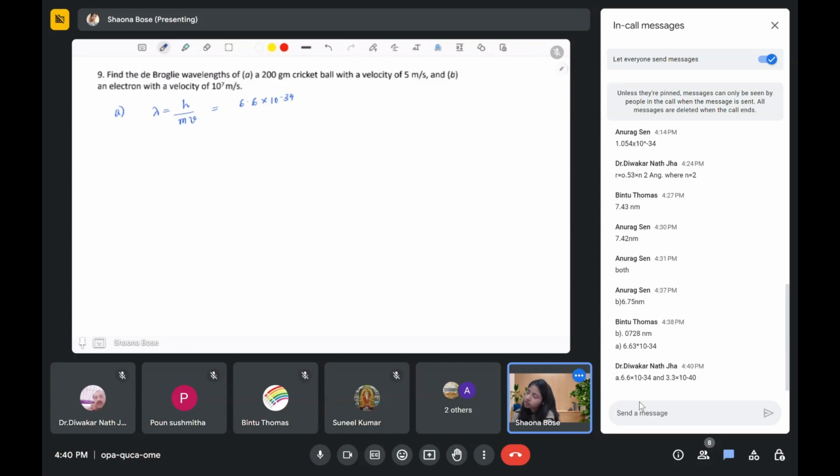Dr. Jha, let's solve it. Okay, mass, it's already given, 200 grams. So let us convert it to kilograms. And the velocity, 5 meters per second.